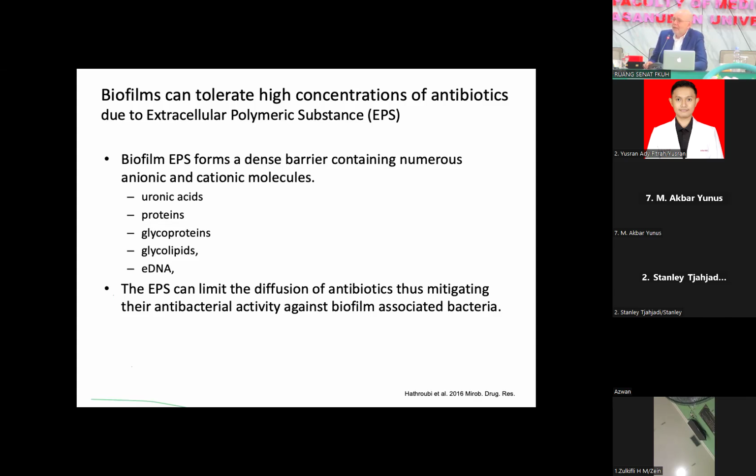For instance, extracellular DNA, which is of course negatively charged, uronic acid. On top of the charge that I already mentioned, the bacteria, in a biofilm, are preventing antibiotics to penetrate into the bacterial cell.